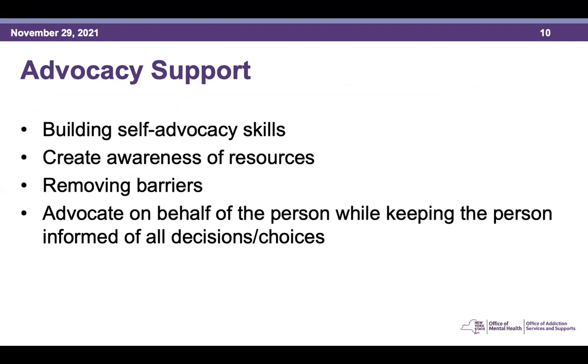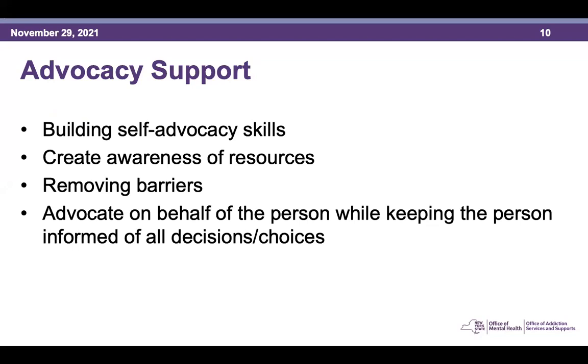Next slide, please. Advocacy support. Now, this component does not replace the role of a care manager or care coordinator. Instead, the peer supports the person's self-advocacy during appointments, and the peer raises the awareness of existing services and community resources, connecting the person to warm lines and peer-run groups in the community. Now, these community groups can be in person or online.